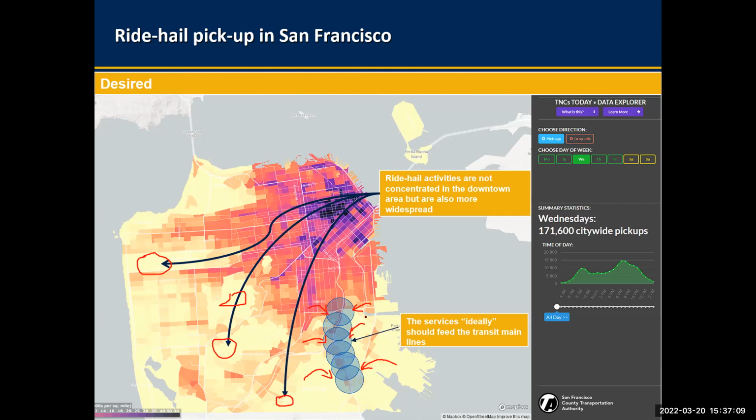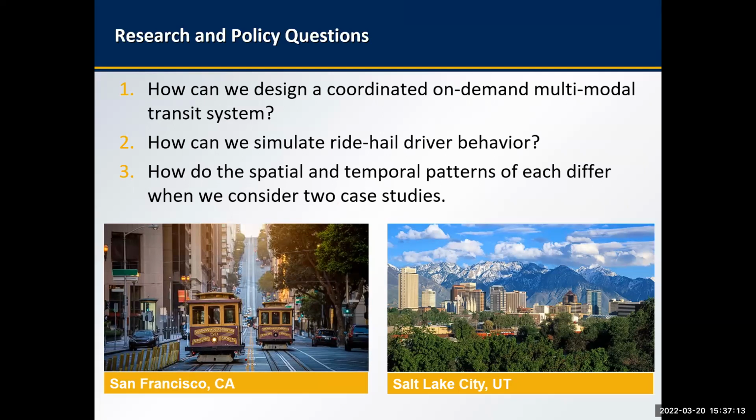Such as to serve low density areas. Second, how and why does the ride hail behave in such an observed way, that is mostly operating and serving in the downtown areas, and can we map their behavior?